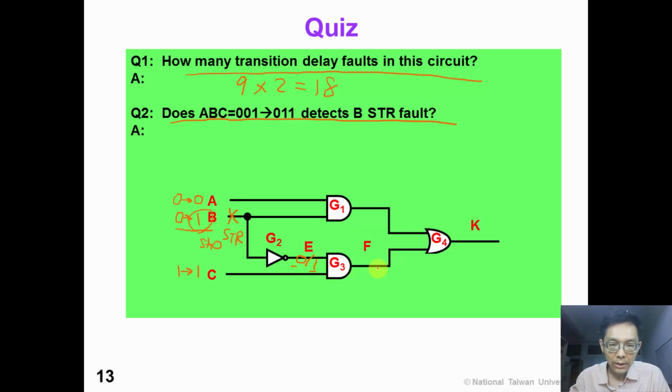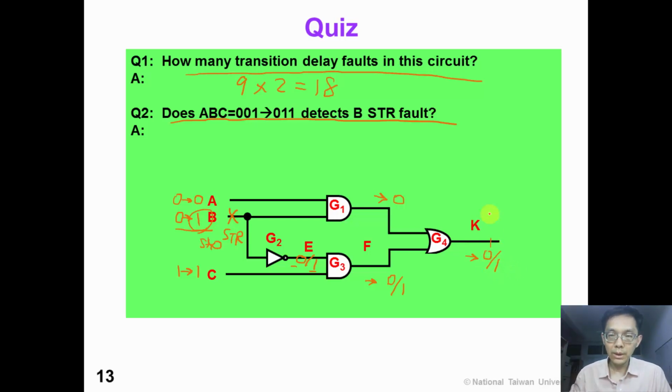After the AND gate, the output should be 0/1 in the second pattern. And for G1, the output is 0 in the second pattern. And for output K, it should be 0/1 in the second pattern.